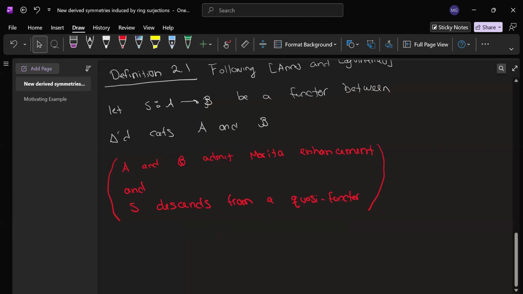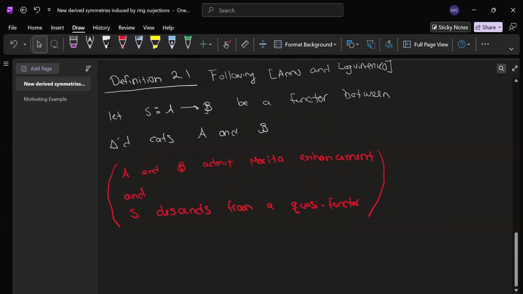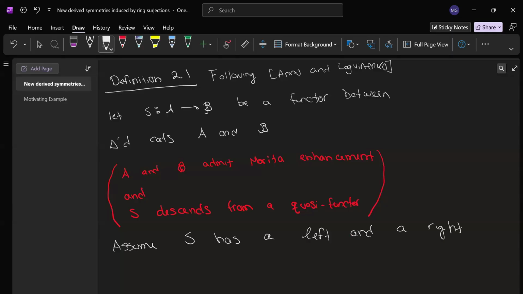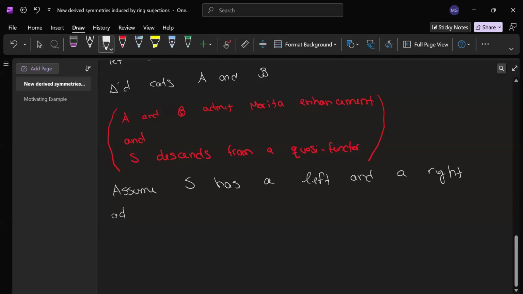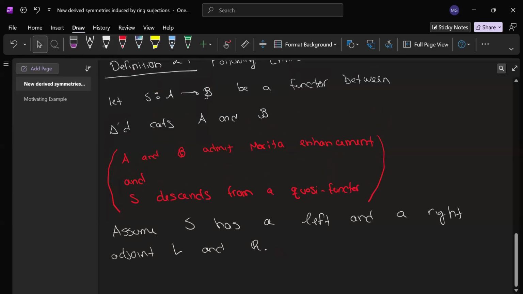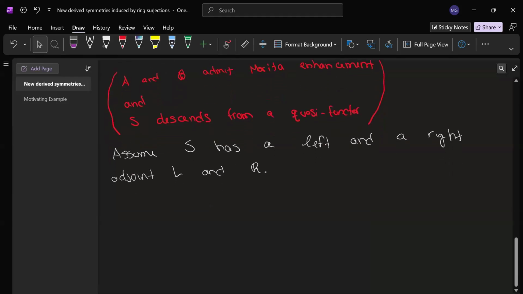So we have this functor S between triangulated categories, and let's assume S has a right and a left adjoint. Let's call them L and R. So this is our setup, and we can finally define what a twist around S is.